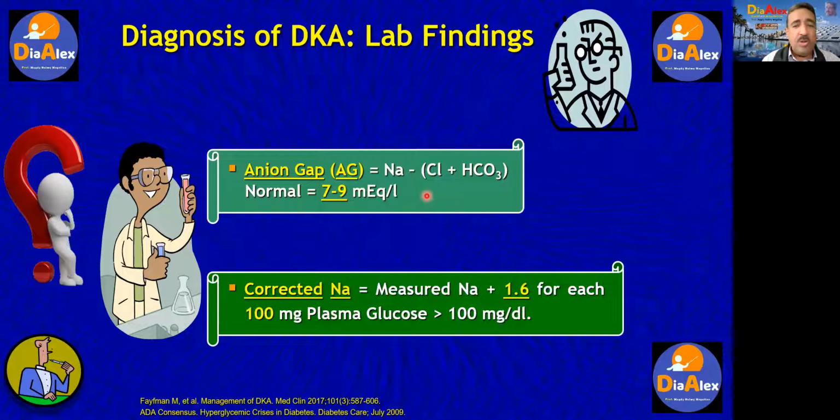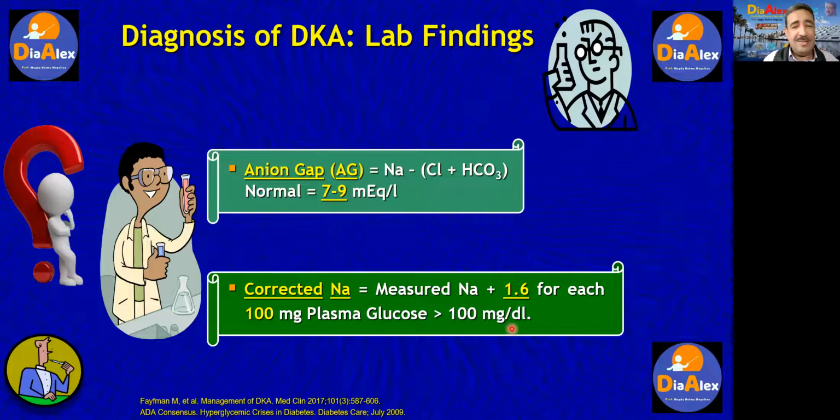Another definition we need to remember is called corrected sodium. In case of marked hyperglycemia, we use in the treatment the corrected sodium level. What does it mean? Corrected sodium equals measured sodium reported by lab plus 1.6 for each 100 milligram blood glucose more than 100.